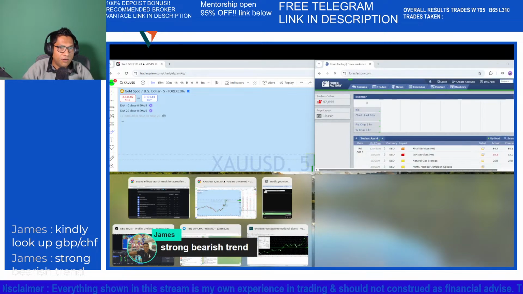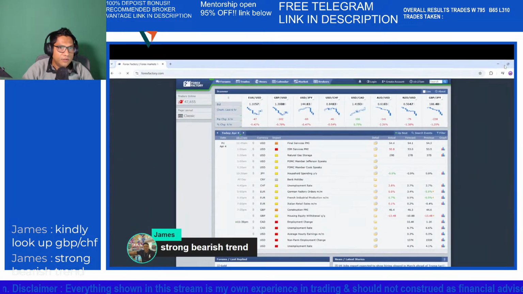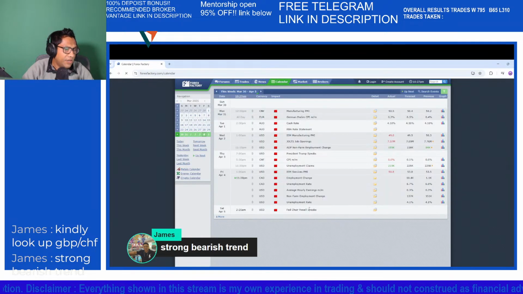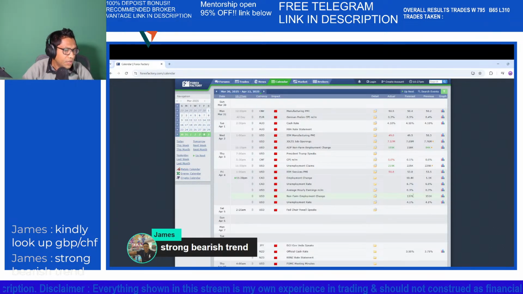Looking at how the news coming up will be, which is only 1 hour remaining from my zone. If you look here, CAD coming up: employment change, unemployment rate, average hourly earnings, non-farm employment change, unemployment rate. So this is very important news.